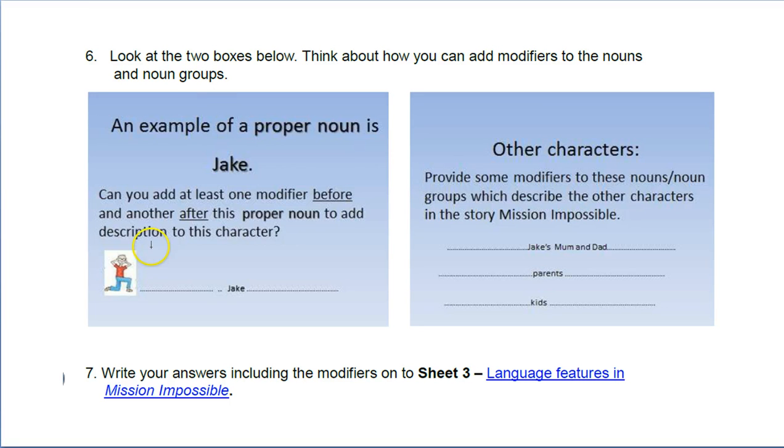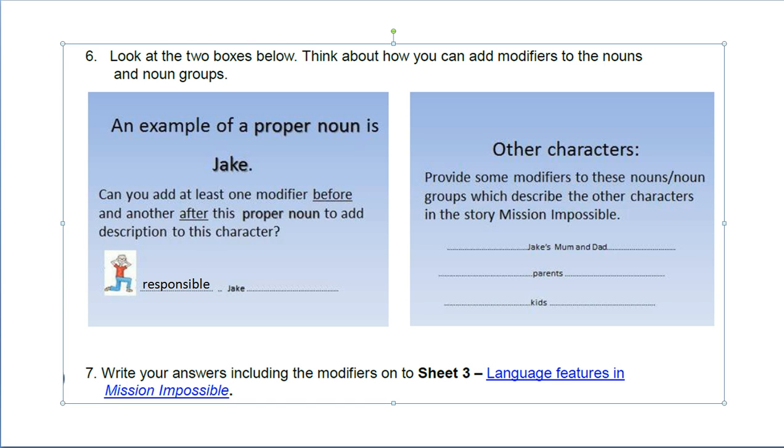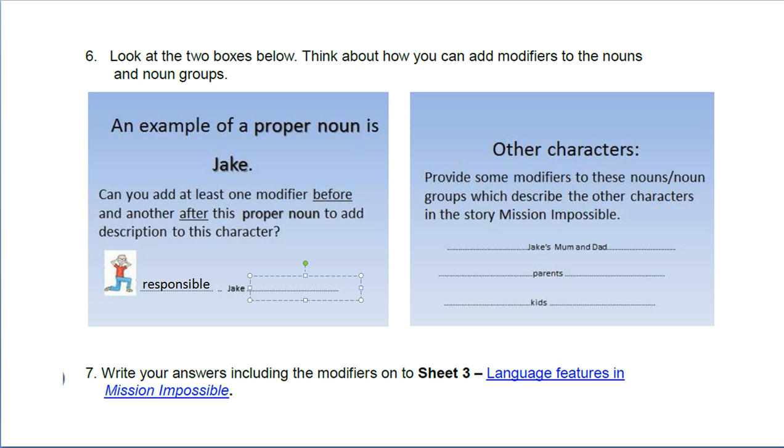I can give you an example of one. Let's just say, going back to our theme, responsible Jake. Oh, the E's gone down there. Responsible Jake. And what made him responsible? Who was just trying to help his parents.